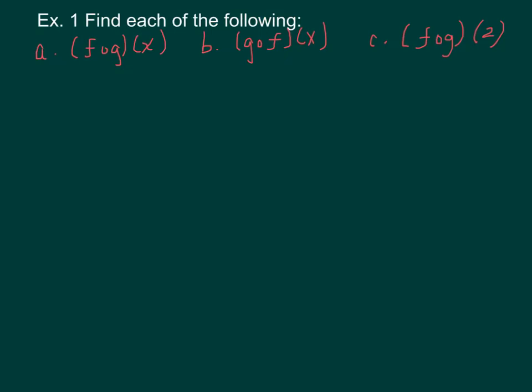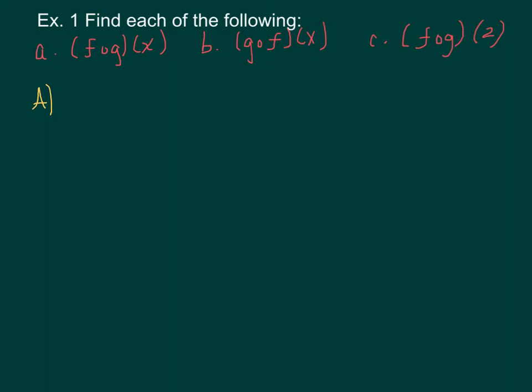Okay, example 1, we're going to find each of the following. We're going to do f compose g, g compose f, and f compose g with an actual value of 2. So we're going to call the first one example 1A. They're going to give you two functions.